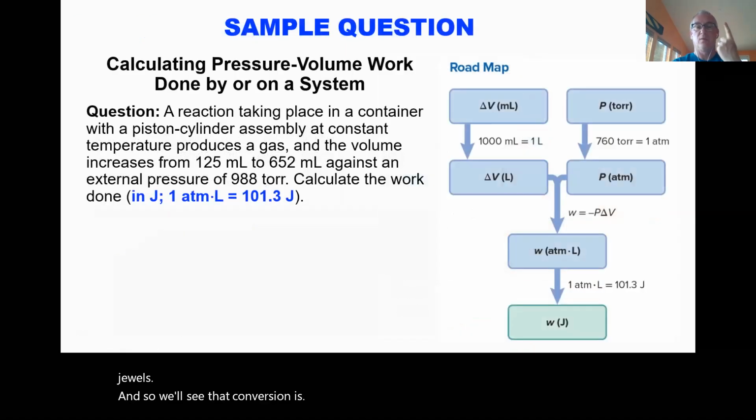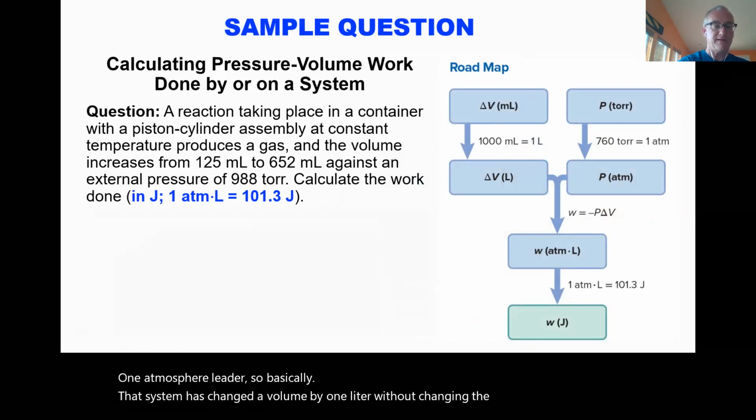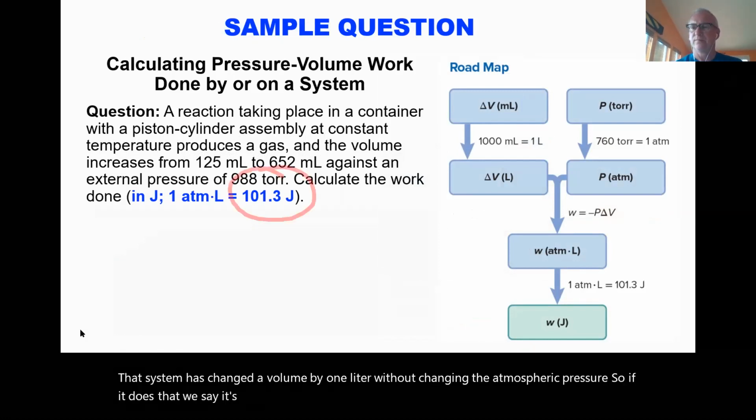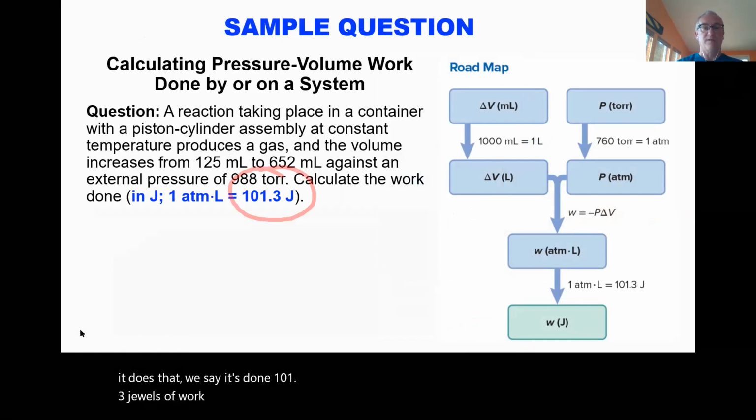So 1 atmosphere liter. Basically, that system has changed its volume by 1 liter without changing the atmospheric pressure. If it does that, we say it's done 101.3 joules of work, okay? So now we can use this equality to figure out how much work is being done.